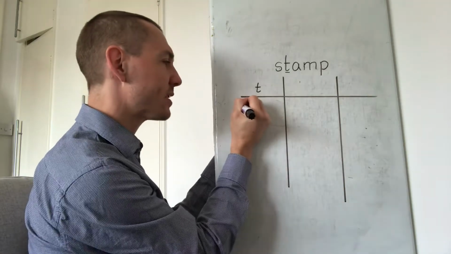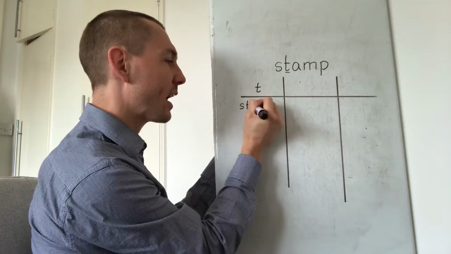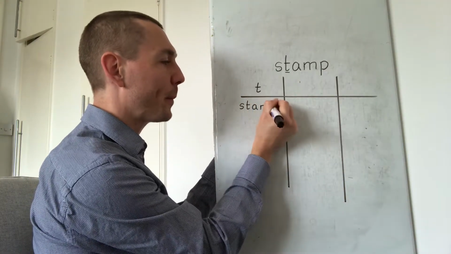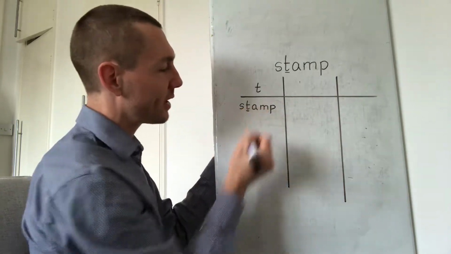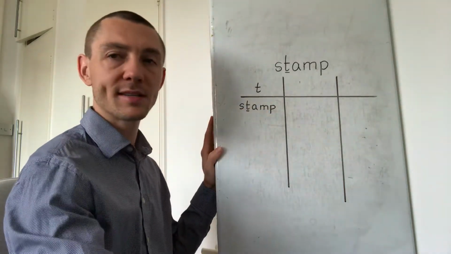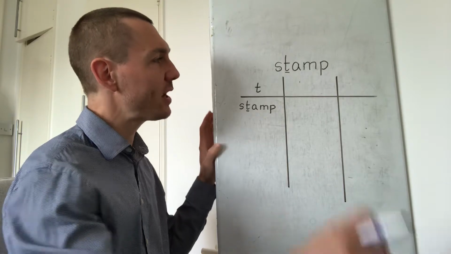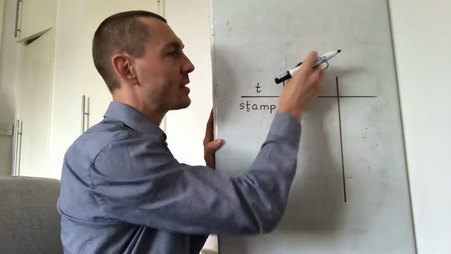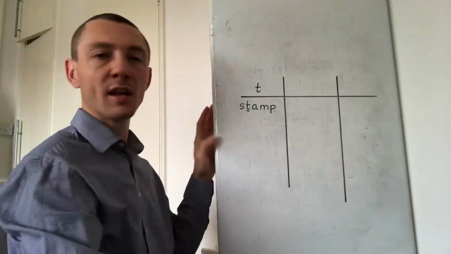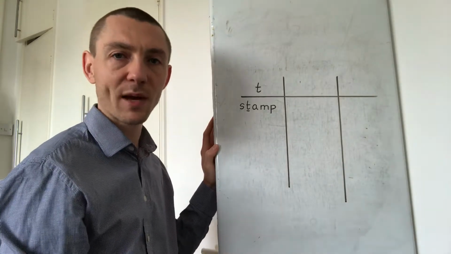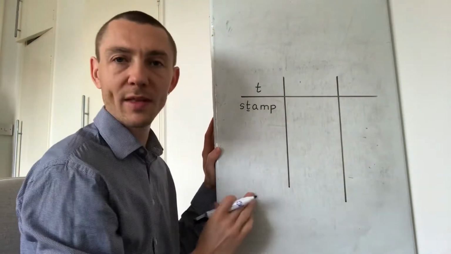We say s, t, a, m, p, stamp. Every time you see a word here, I want you to read it and look for the t sound spelling and think about where that's going to go.